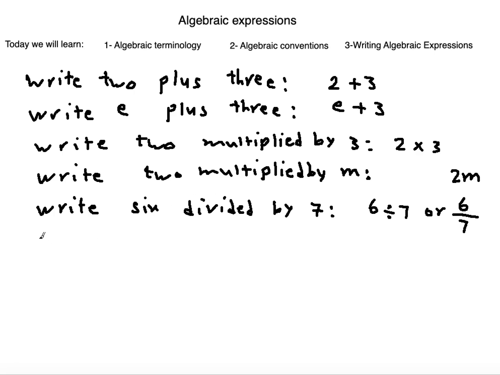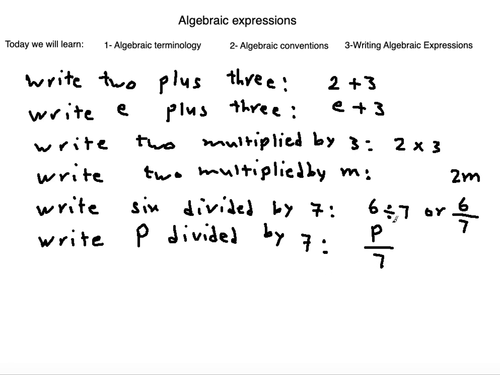Then if they told us write p divided by 7, we are going to write it p over 7. We don't write divide, if you remember, in algebra we just use the fractional form. So p over 7.